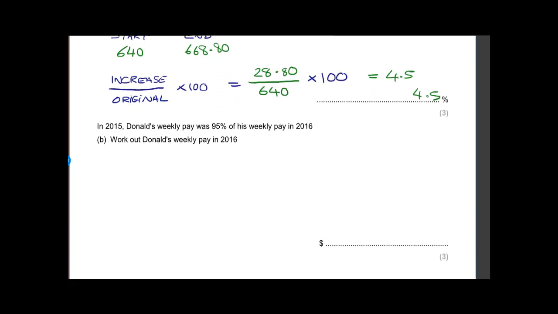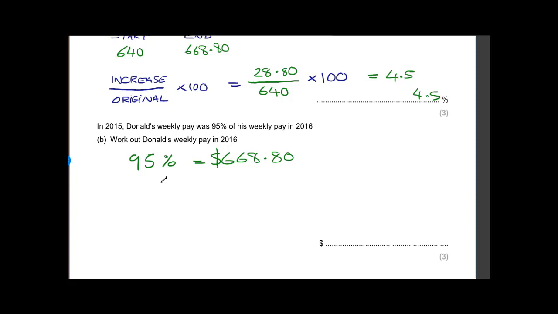Alright, so we're told 95% is equal to 668.8. That's what we're told. Dollars.